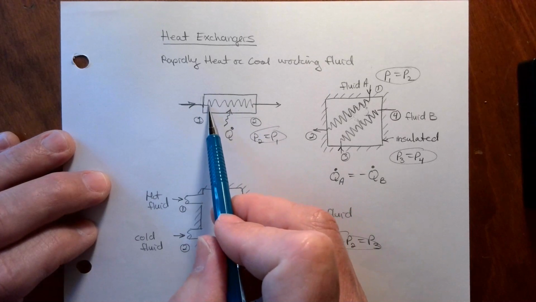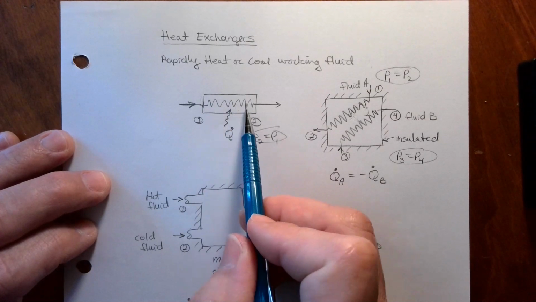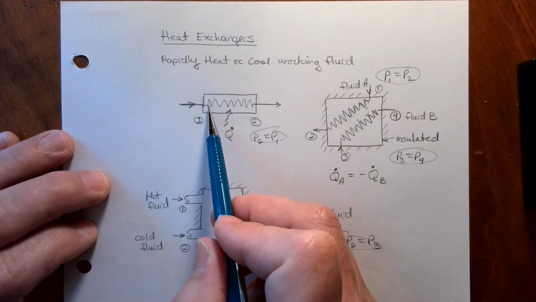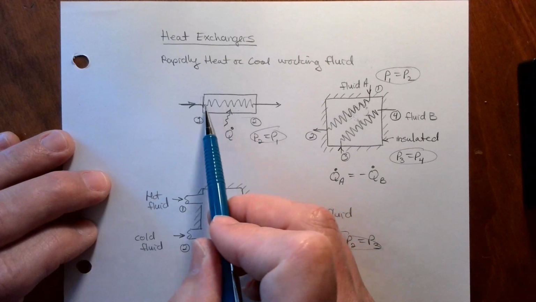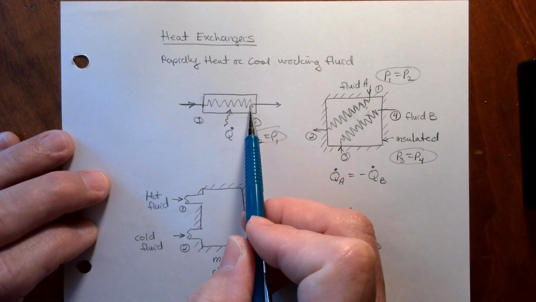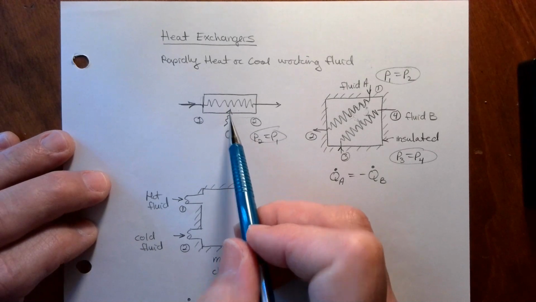This is just to suggest there's a long, complicated, tortuous flow path as the fluid moves through a long piping network. And the whole point of the piping network is to increase the area for which the fluid is exposed to the temperature outside.